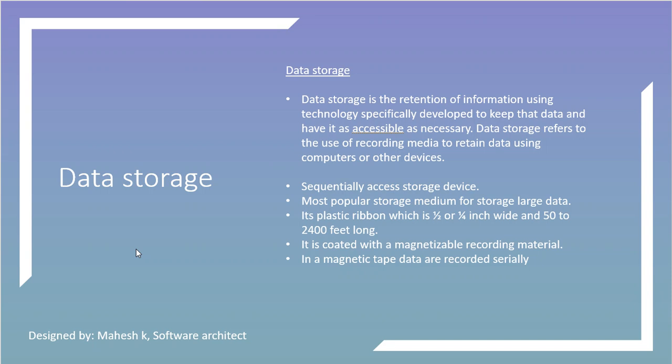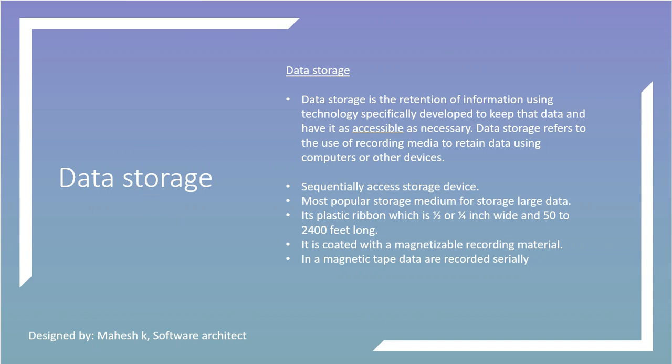So basically we're talking about some kind of data storage here, and we are discussing the media. It's a plastic ribbon where we are generally storing the long data. We are going to the next slide, and then we will start with what type of storage device we have.